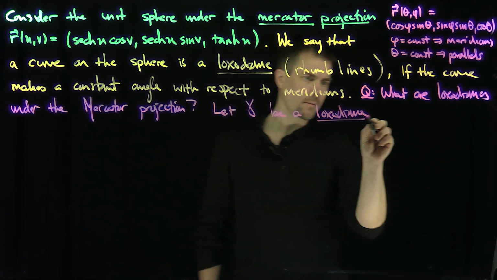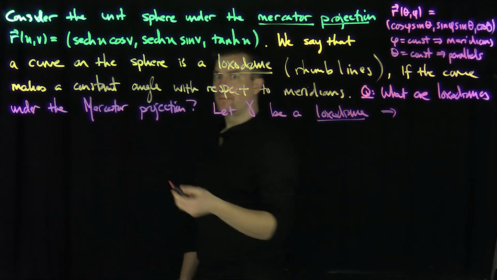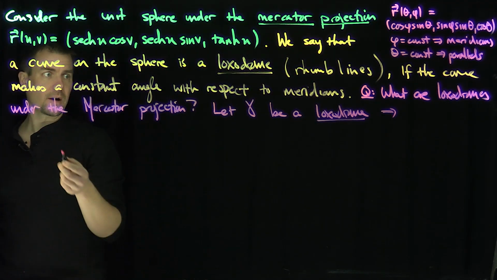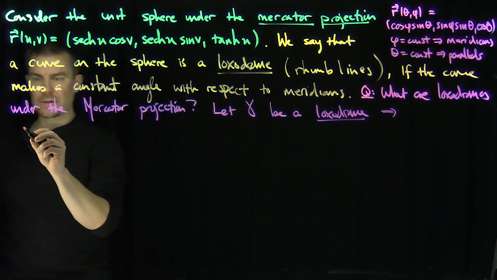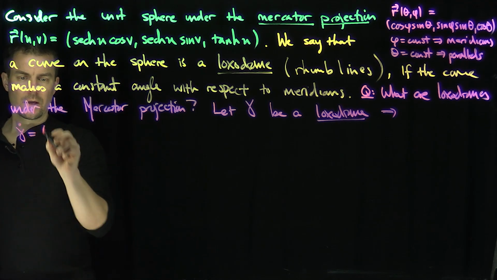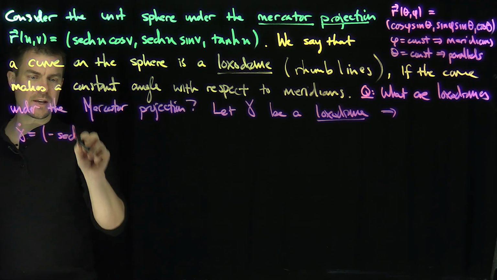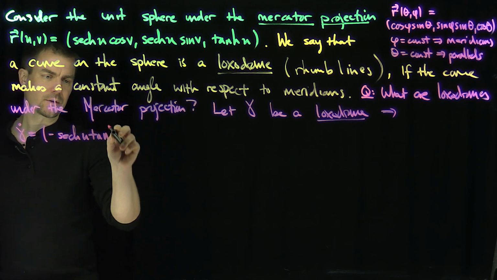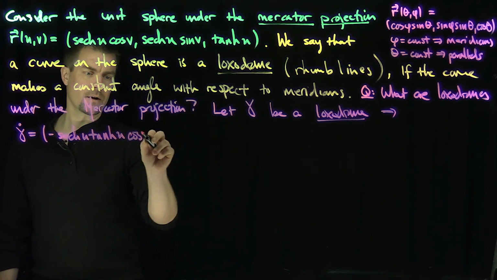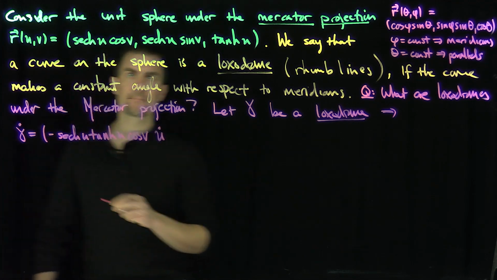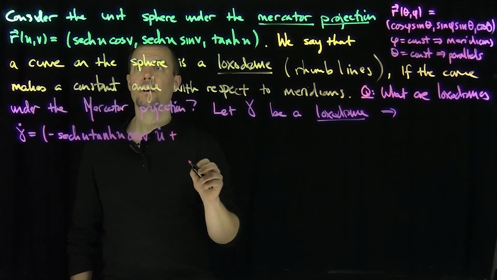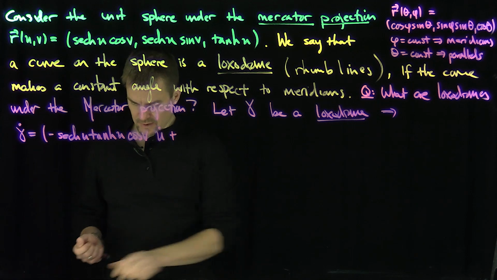Okay. Now, what's gamma dot going to be? So of course, gamma depends on U and V over here, right? So in other words, what will gamma dot be? The derivative of gamma is going to be negative hyperbolic secant of U, hyperbolic tangent of U, cosine of V U dot, plus, but then of course minus, because it's going to be sine, right?